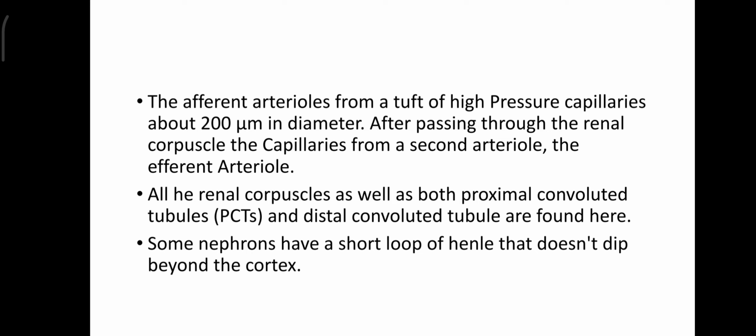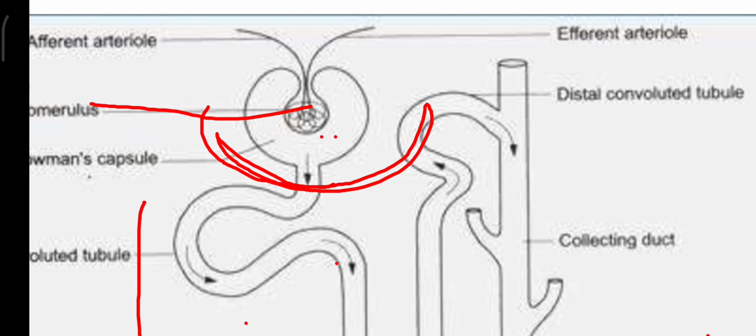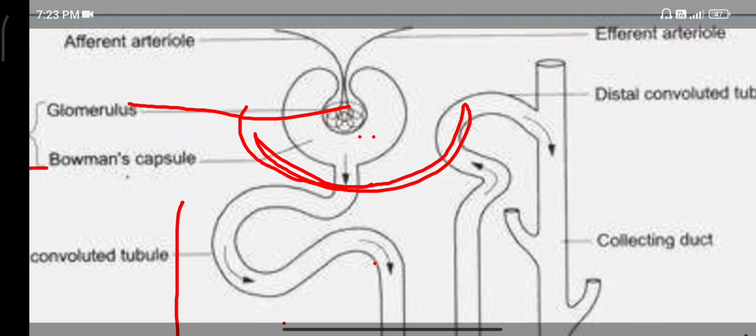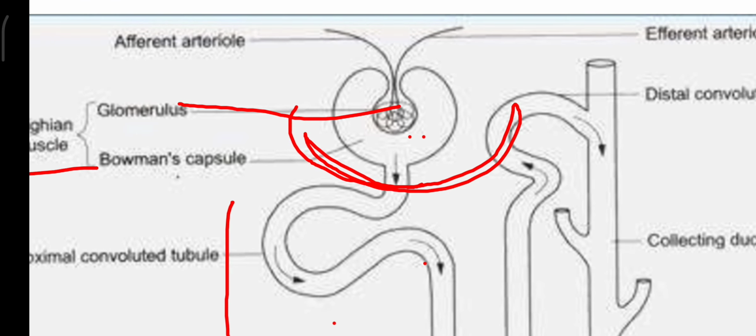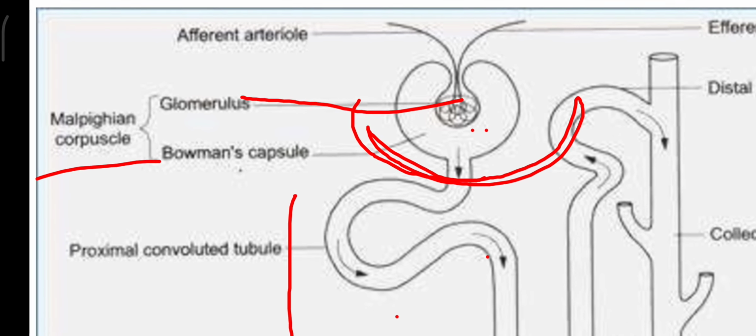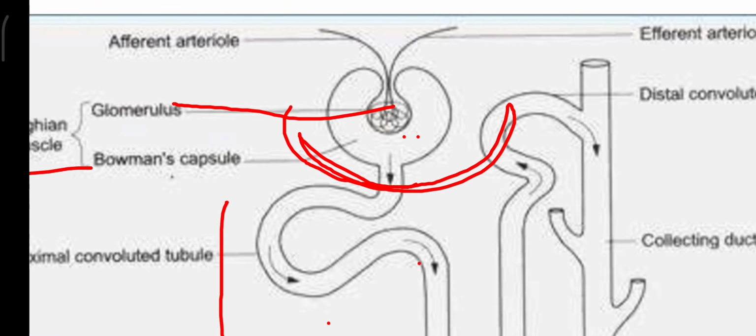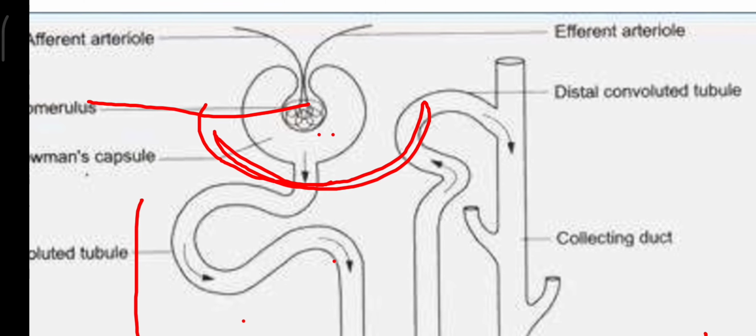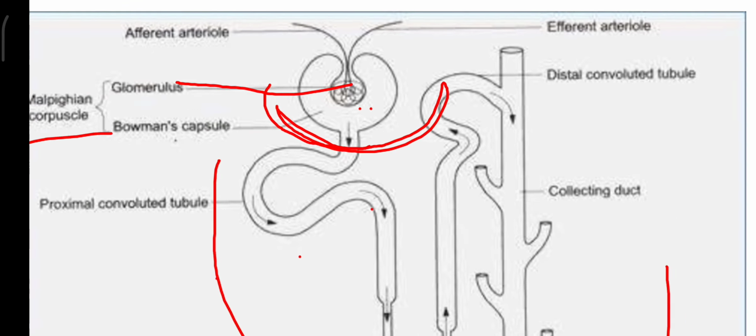After passing through the renal corpuscle, the capillaries form a second arteriole, the efferent arteriole. Here you can see a tuft of capillaries made by the afferent arterioles, and they then leave the glomerulus by the name of efferent arterioles.